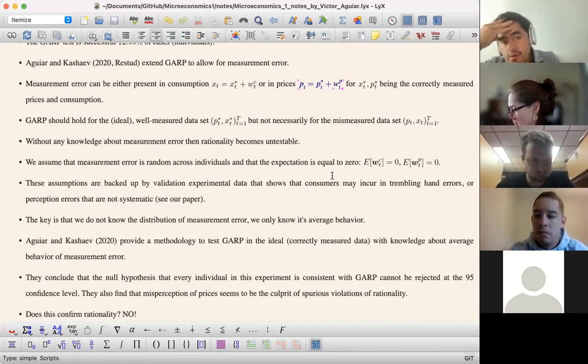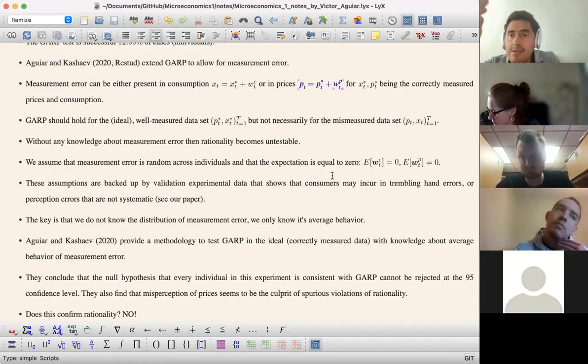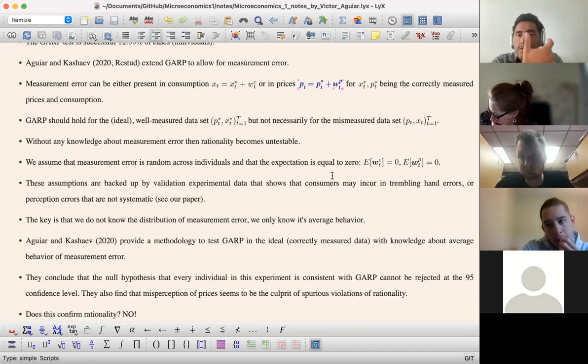So in this setup, what we do is we test whether there exists any distribution of measurement error, right? Such that given that distribution of measurement error, each individual satisfies GARP individually, and across individuals, the average measurement error in trembling hand or trembling eye will be equal to 0.